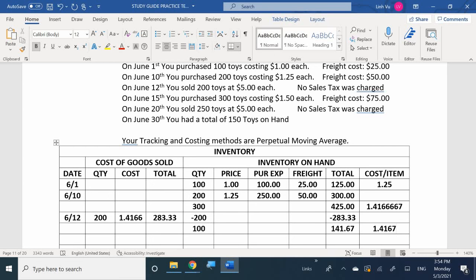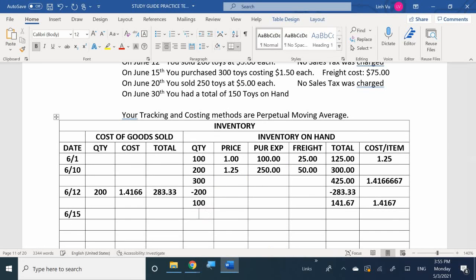So then, what happened next? We bought 300 toys at $1.50 a piece, and then plus $75, which brings it to 525 total.